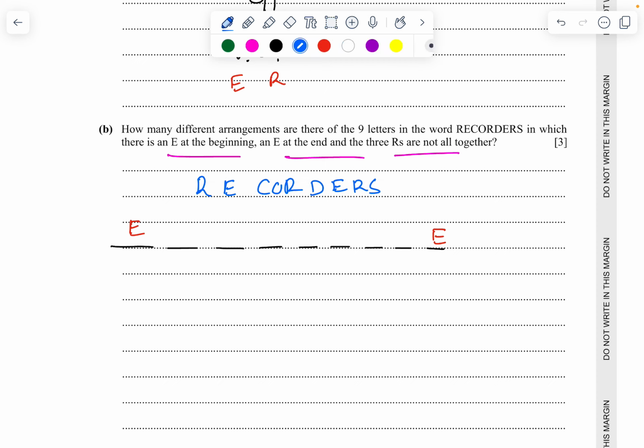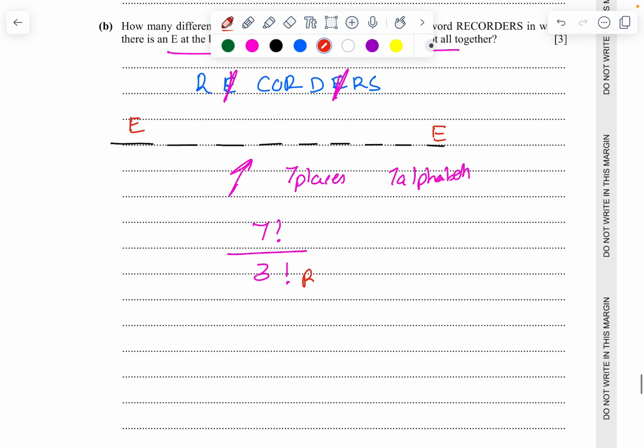So one E is at the beginning and one E is at the end. So the E's are placed. So there are 7 places left, and I am left over with 7 letters. 7 letters can be arranged in 7 factorial divided by 3 factorial. Why 3 factorial? Because R's are repeated, therefore divided by 3 factorial.